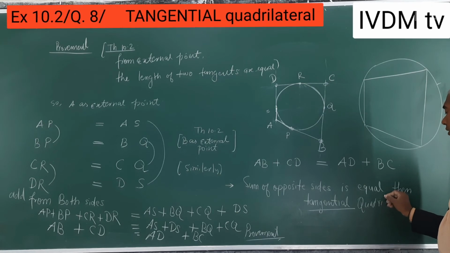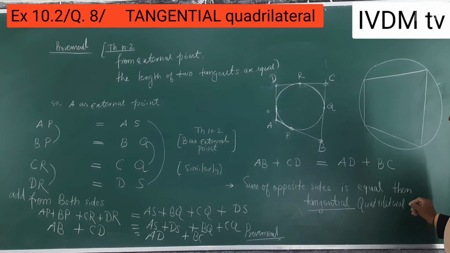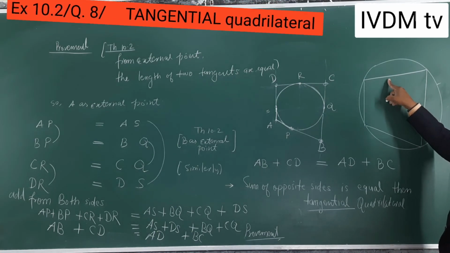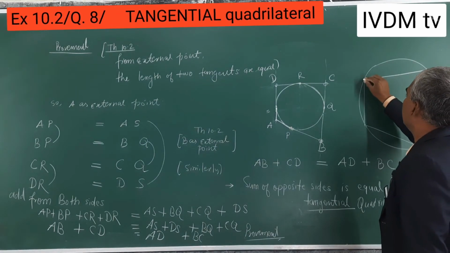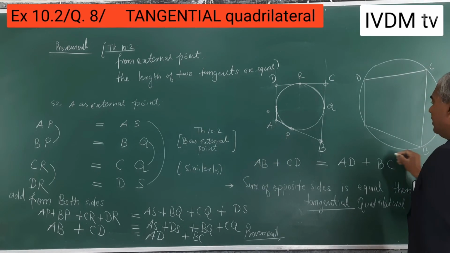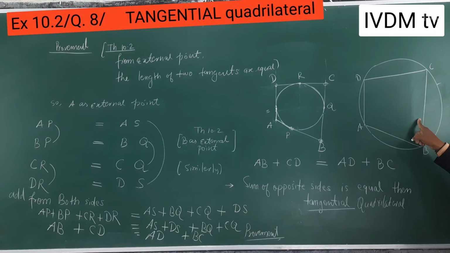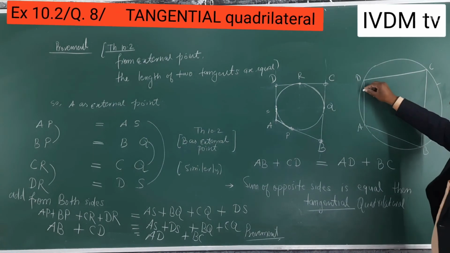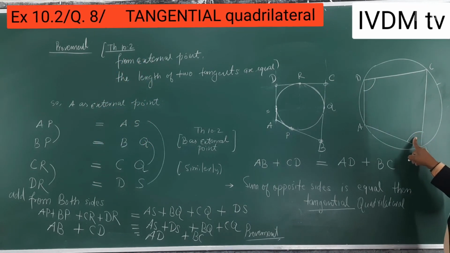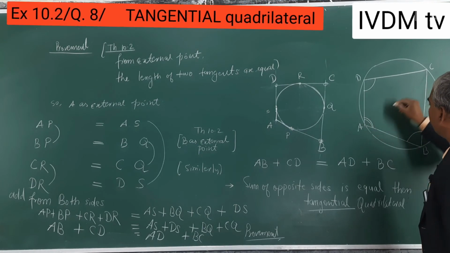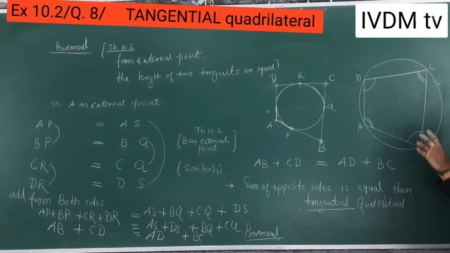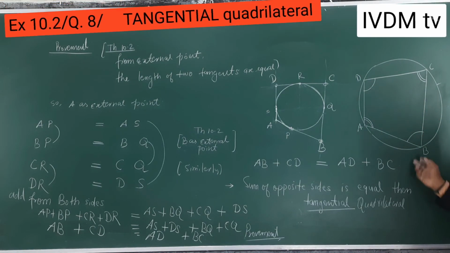And this is called a cyclic quadrilateral. In the cyclic quadrilateral, suppose this is D, this is C, this is B, and this is A. If the sum of opposite angles is equal, meaning 180 degrees, if angle D plus angle B is equal to angle A plus angle C, then each will be 180 degrees, because the whole angle is 360.